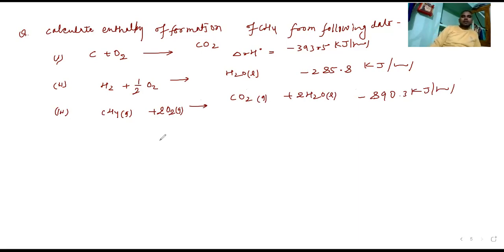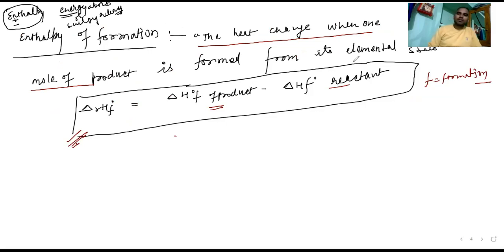One thing you have to see: the definition must always be in mind. They are saying elemental state. Suppose you have to form the water molecule, formation of water. How is it formed? Elemental state means H2 plus half O2, those are the elements.